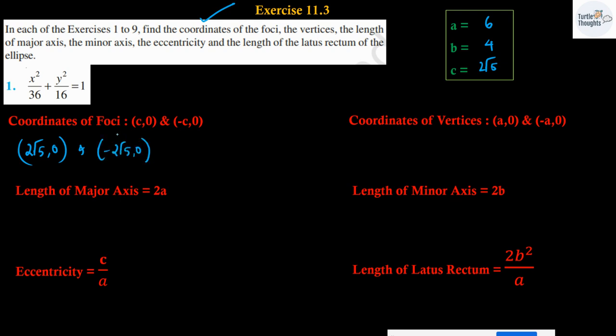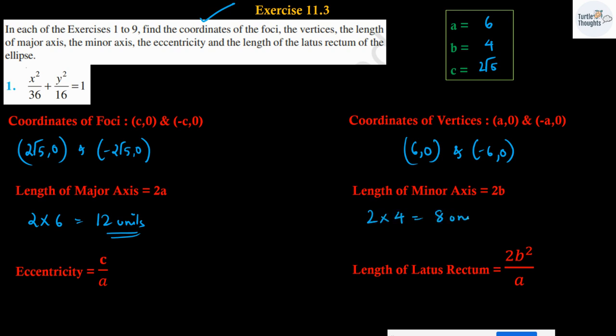These are the coordinates of the foci. Coming to the coordinates of the vertices, (a, 0) and (minus a, 0): (6, 0) and (minus 6, 0). Length of the major axis is 2a, 2 multiplied by 6, which is 12 units. Next, the length of the minor axis is 2b, 2 multiplied by 4, which is 8 units.